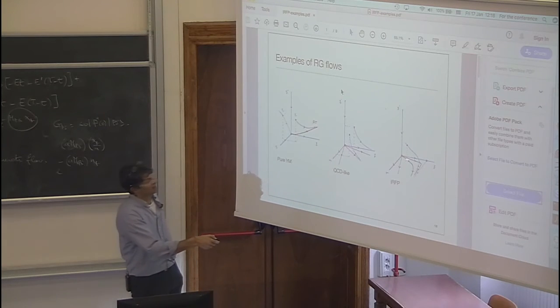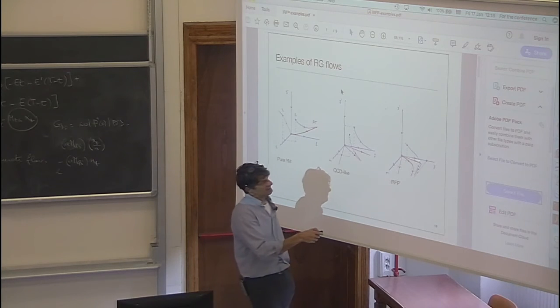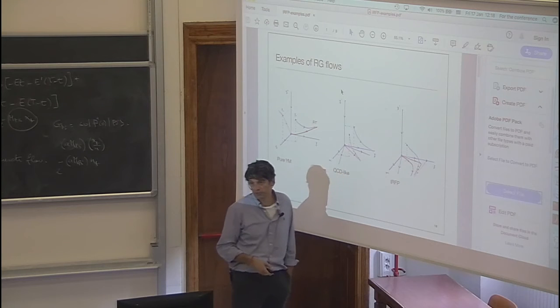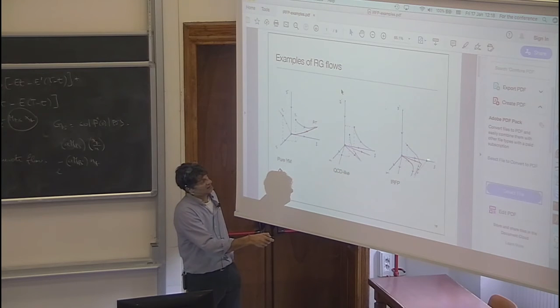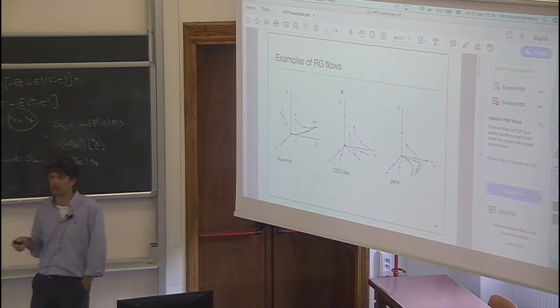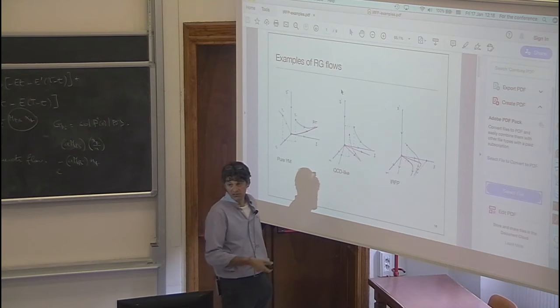Along this line, you have a theory which is running. The coupling is running, but in the infrared, the coupling actually ends up in a fixed point. So these are theories that in the infrared behave like a conformal theory. These are theories that are scale invariant at large distances.